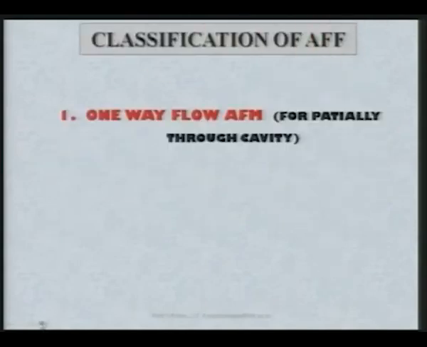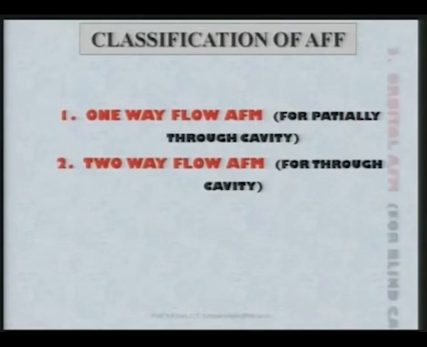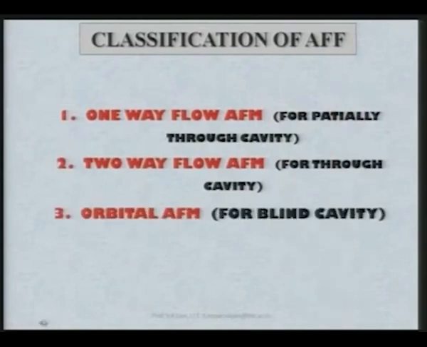The work in this area was started by the Extrude Hone Company of USA. There are different models of this process, as you can see here. There are 3 types of abrasive flow finishing process. One is the one way flow abrasive flow finishing process, which is applicable for partially through cavity.